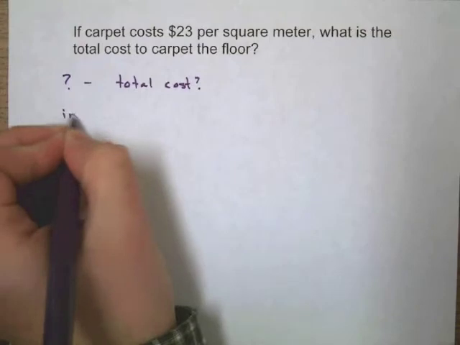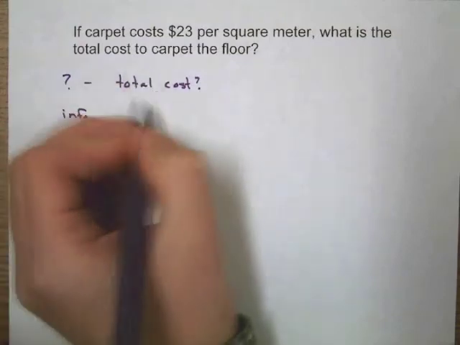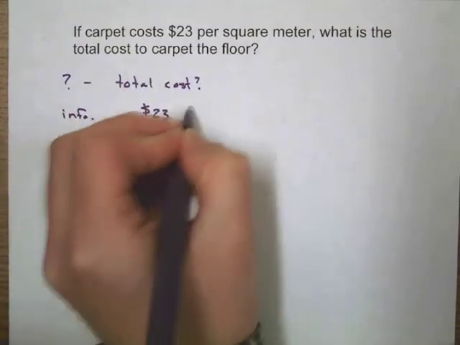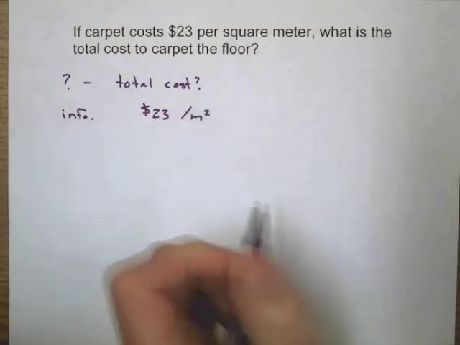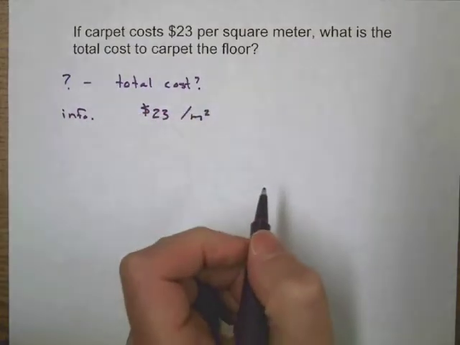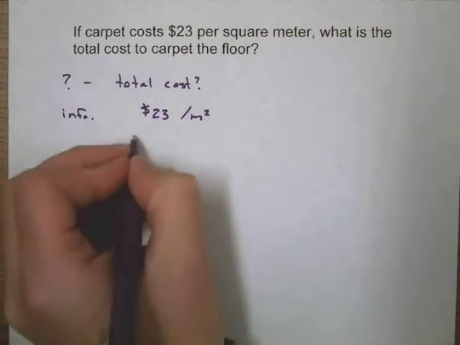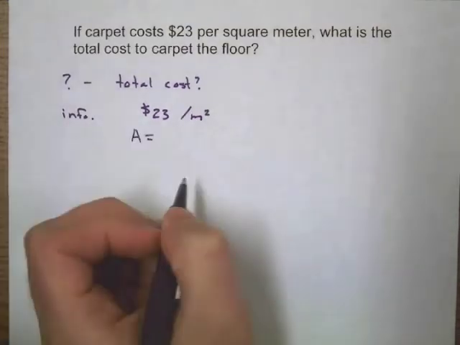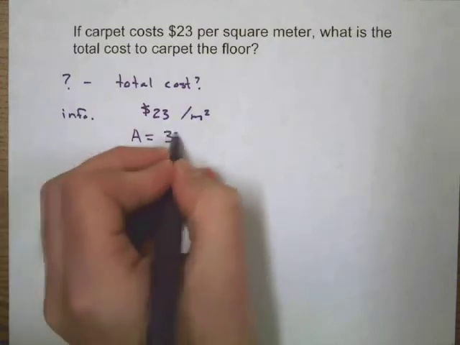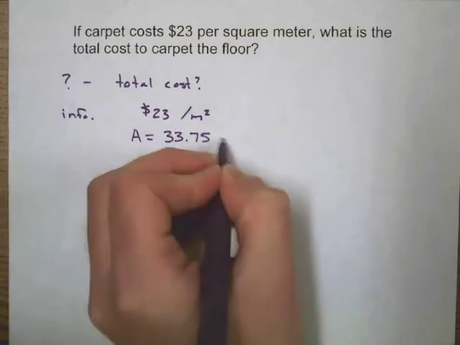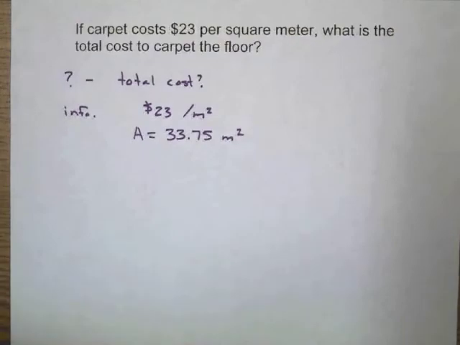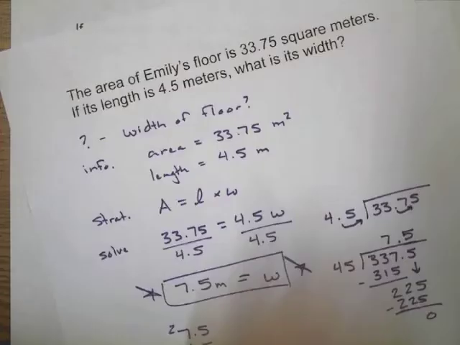The information that I'm given here is it's $23 per square meter. I think I said foot before, I meant meter. So per square meter. And the area I know from the previous problem is 33 and 7/500 square meters. I got that from the previous question right here.